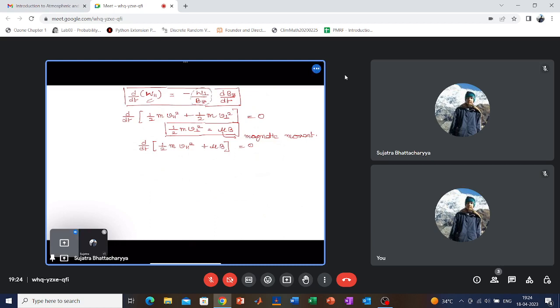Because W perpendicular by B. So this is also mu. Therefore, we can write it as minus mu dB dt plus d dt of mu B. So mu dB dt plus B d mu dt, and that is equal to 0. You chop out these two. So what you are getting? Mu is constant. So the magnetic moment is conserved in this process.